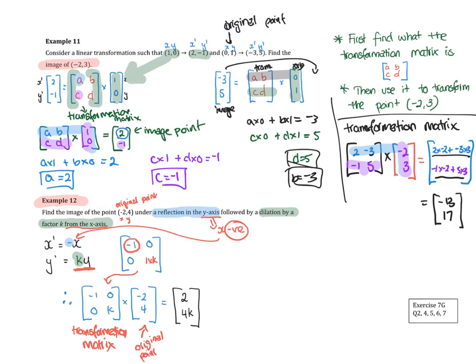So this is the original point, this is the original X, this is the original Y. And then you do like what we've been doing, run and dive. And I'll just type that out for you to show you. So to manually do it, it would have been -1 times -2 plus 0 times 4.